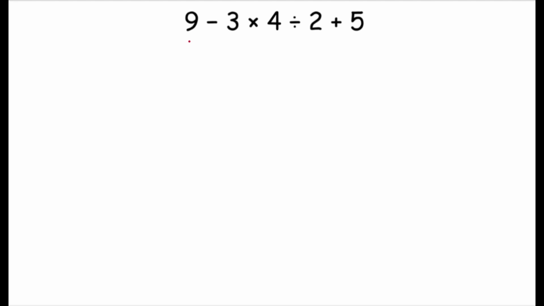First, let's solve this: 9 minus 3 is equal to 6, multiplied by 4, divided by 2, plus 5.